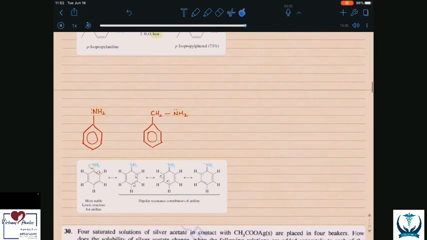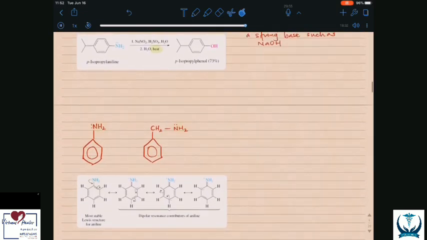The ability of aniline and amines to act as bases depends on their capacity to donate their lone electron pair to an acid. But in aniline, the lone electron pair is donated into the benzene ring to strengthen the resonance, and therefore the ability to act as a base is reduced.